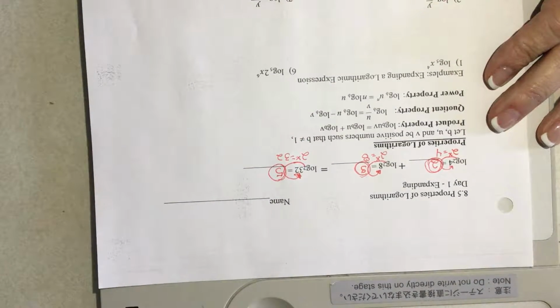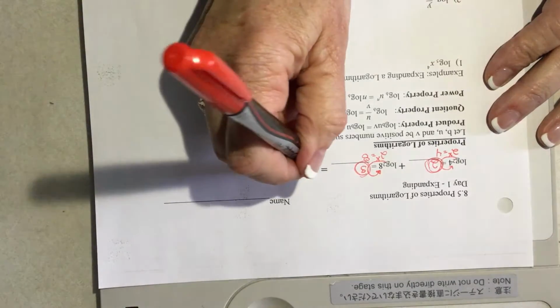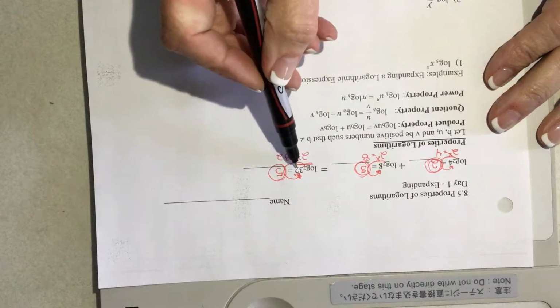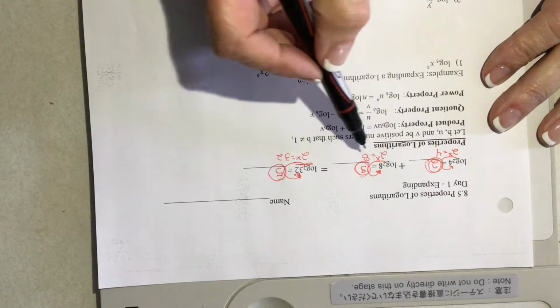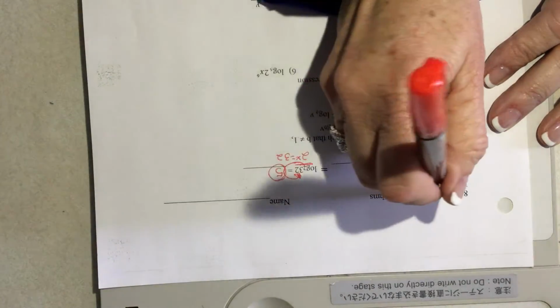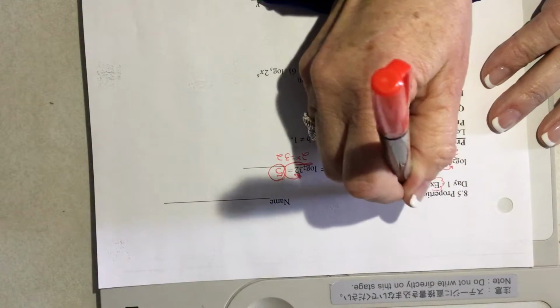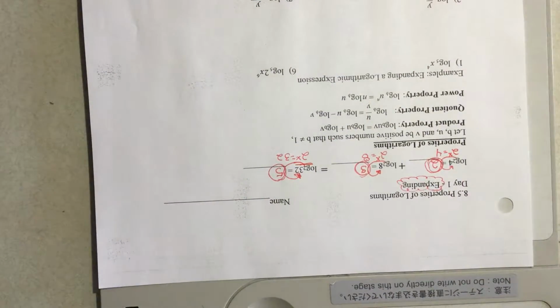Yeah. So what we're going to be doing today is we're going to see a single log, like I have here, log base 2 of 32, and how we're going to be able to break it into multiple logs. That is called expanding, where we're given one log and we're going to write it into multiple logs.